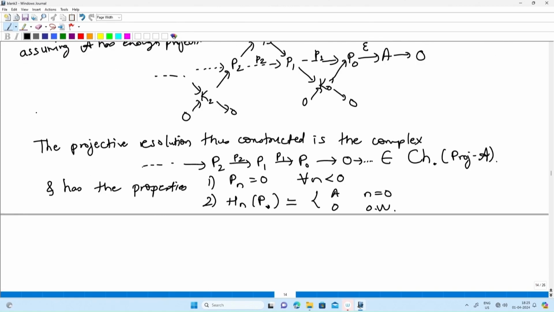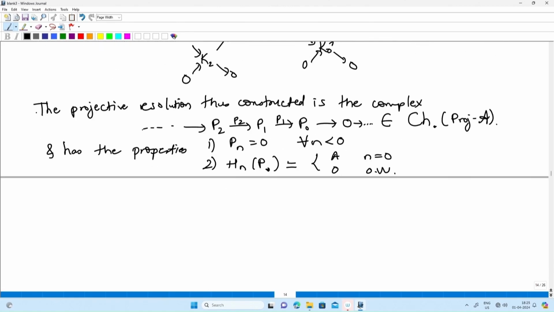But then the question that Vineet asked already: what is a projective resolution and what is the connection between any two projective resolutions? So let me first define a projective resolution.